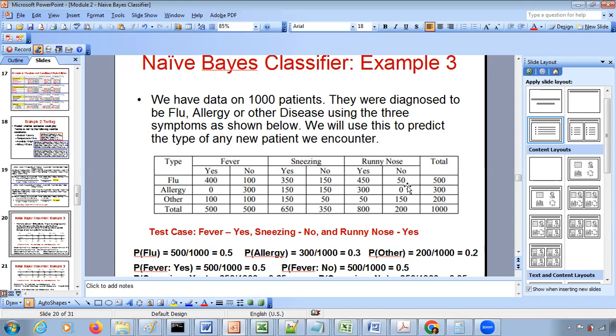Similarly, out of the 500 for flu, 350 reported yes for sneezing, 150 reported no. Out of the 500 who had flu, 450 reported yes for runny nose, and 50 reported no. You can notice the sum of the two values for each feature adds up to 500: 400 plus 100, 350 plus 150, 450 plus 50.